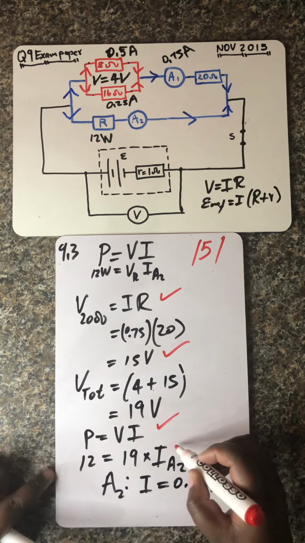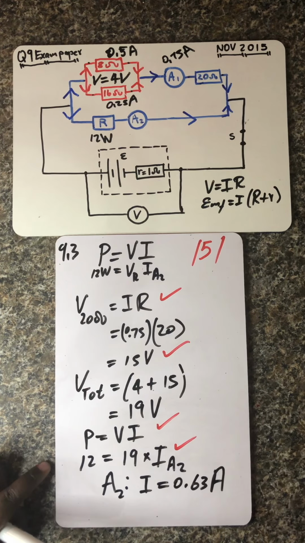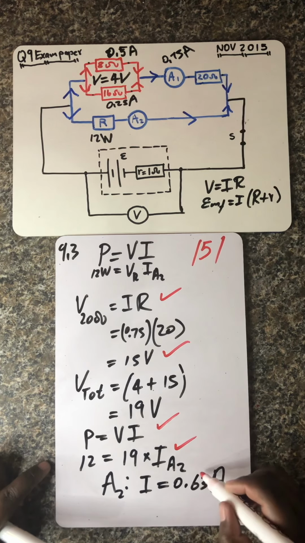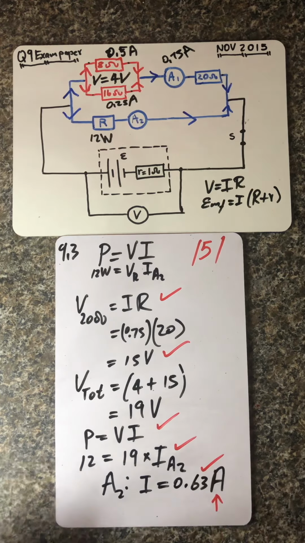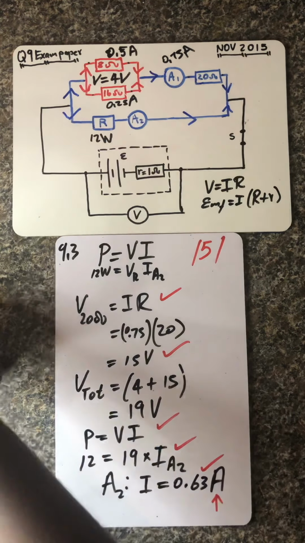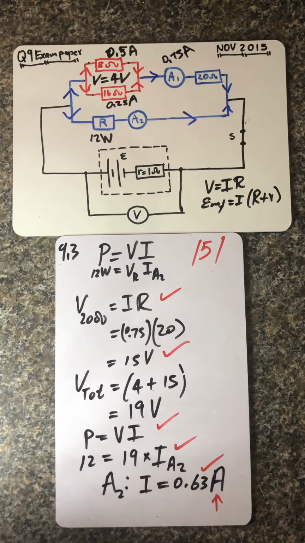Obviously, after the formula they give you a mark for correct substitution, and your last mark will come from your final answer with the correct SI unit. So the unit for current is amperes. You shouldn't write 0.63, but it should be 0.63 amperes. So guys, that's how you solve for question 9.3.